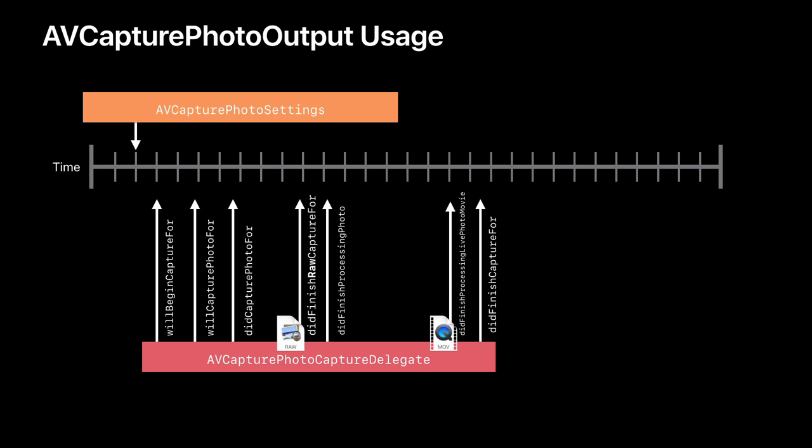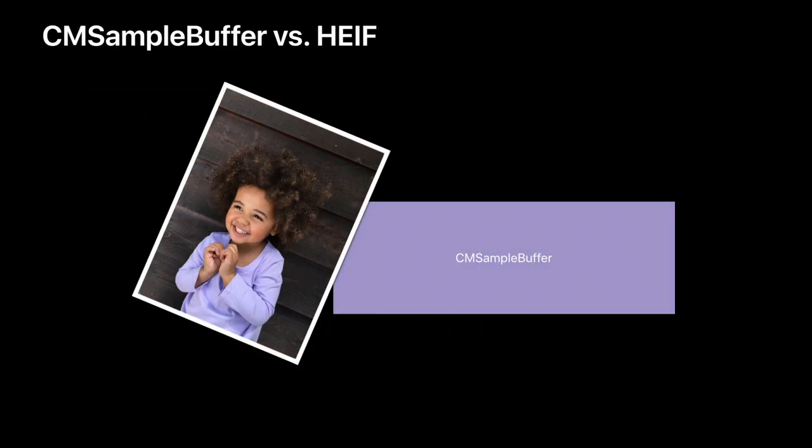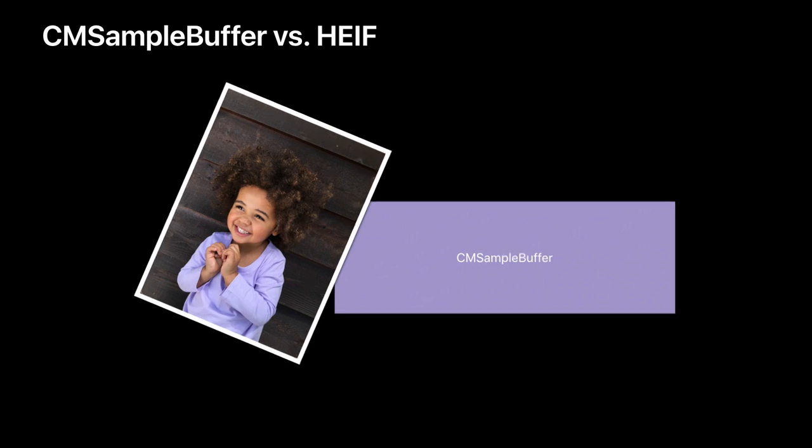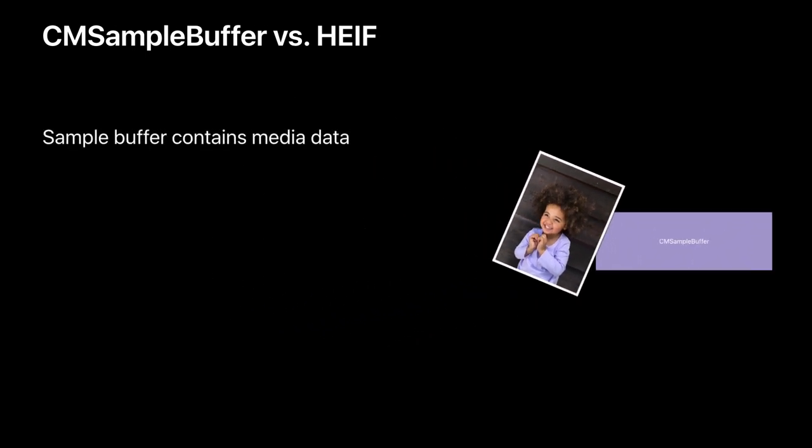Unfortunately, it's not. The incompatibility lies in the core media sample buffer, which is and has been the coin of the realm in AV Foundation for many, many years. We have used it for delivering still images since iOS 4. It's a thin container for media data such as video samples, audio samples, text, closed captions. heif, on the other hand, is a file format, not a media format.